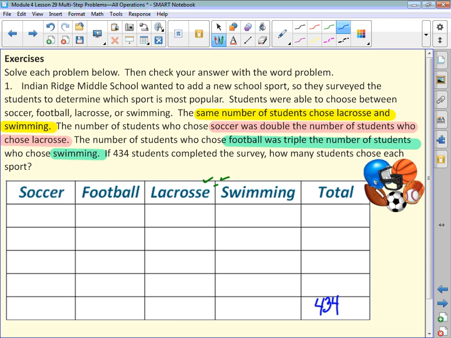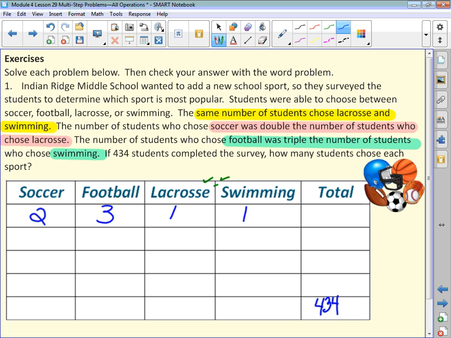I'm sorry, no. Soccer was double who chose lacrosse. So if lacrosse was 1, soccer was double that. I also know that lacrosse and swimming are the same. Football is triple swimming. So what is football going to be? 3, because football is triple swimming.